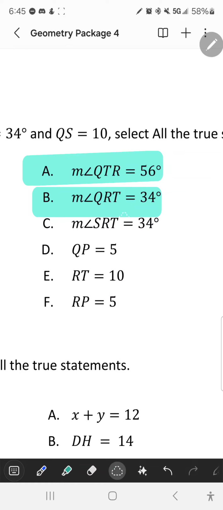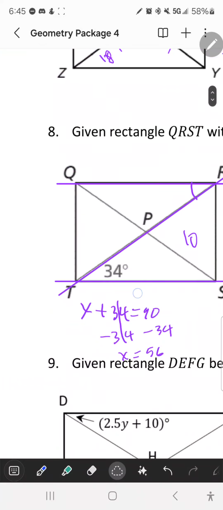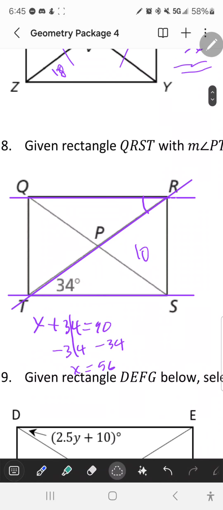Now let's see the measure of SRT. We want this angle right here. This is kind of the same. We can use the 90, the same procedure we did right here, and we're going to get 56.